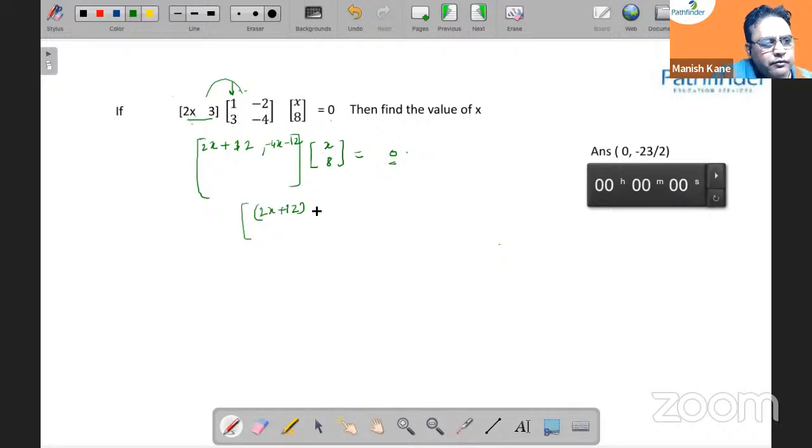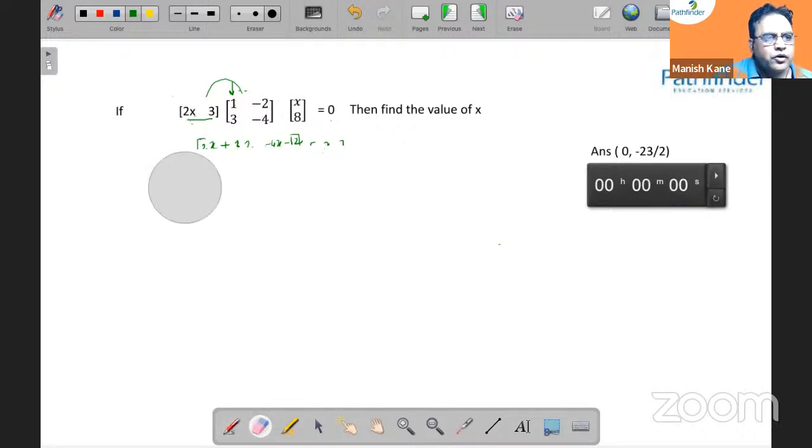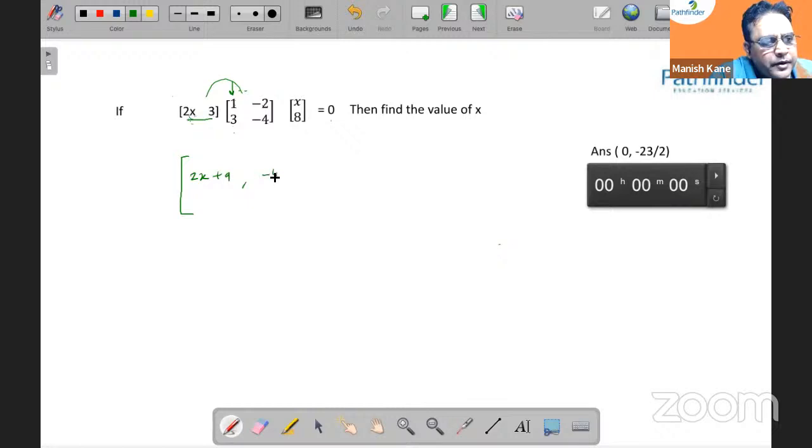Two x plus 12 into x plus 8 into minus 4x. Okay, I have made a mistake. Just 1 minute. So if I multiply 2x here, I'll get 2x plus 9, and 2x into minus 2 will give me minus 4x and minus 12. This multiplied by x comma 8 should give me a 0.